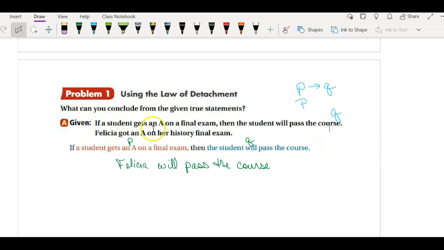And they tell me that Felicia got an A on her history final exam. So this is the statement that is true of the hypothesis. So I can conclude that the Q will happen, that Felicia will pass the course.